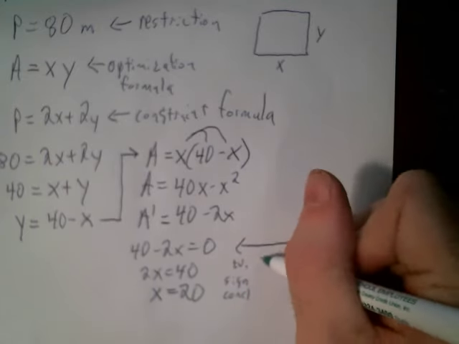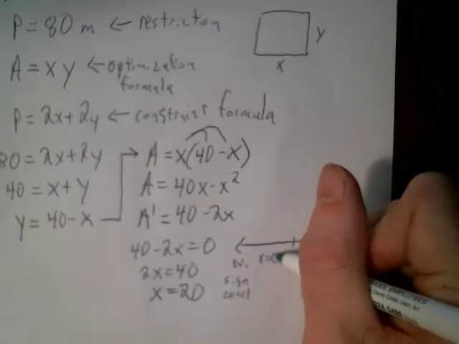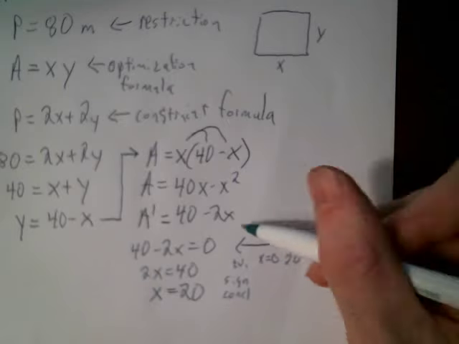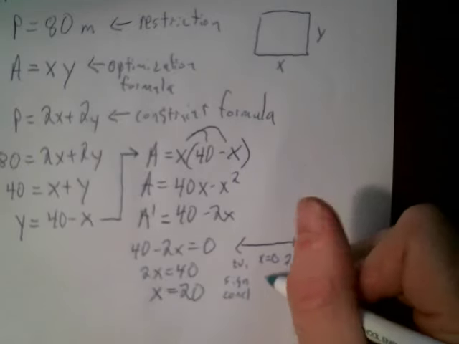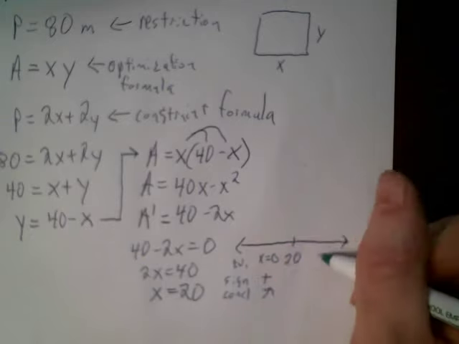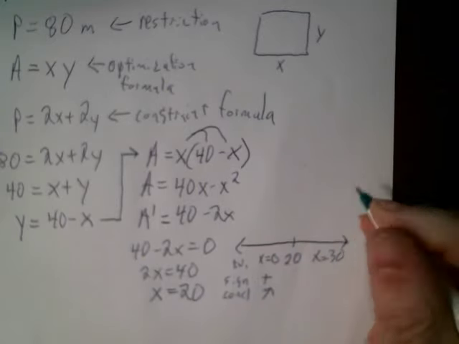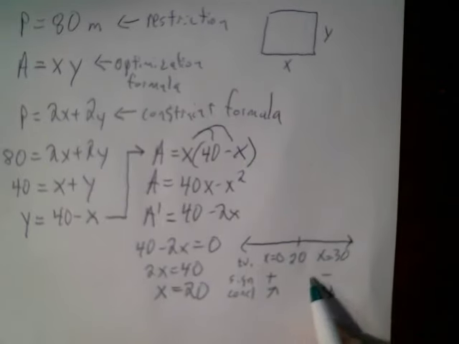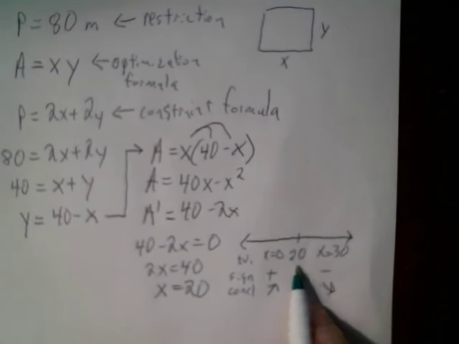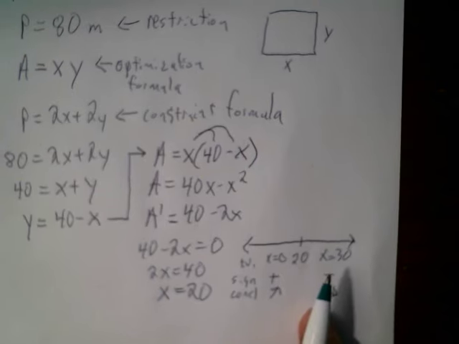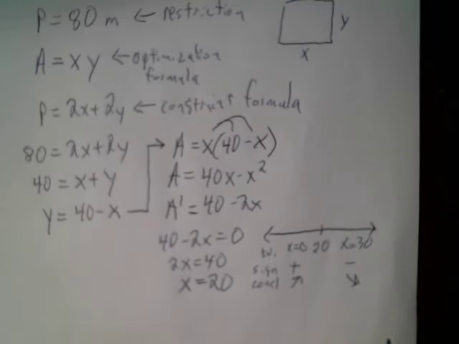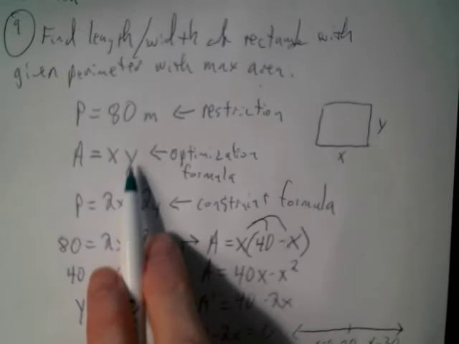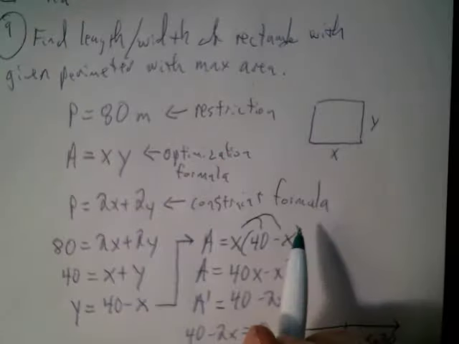So if we tried x is 0, you'll get a positive from the derivative, so it's going up. Try x is 30, and in the derivative you'll get a negative, it's going down. So yes, we have a maximum at x equals 20. So when x is 20, you'll get a maximum area. We need to then find the corresponding y value for the answer. We're trying to look for a length and a width of the rectangle.